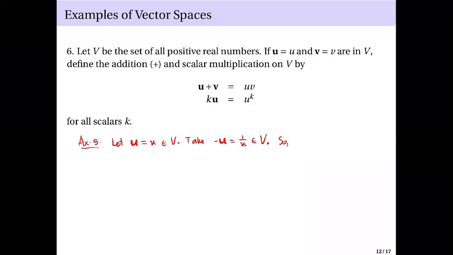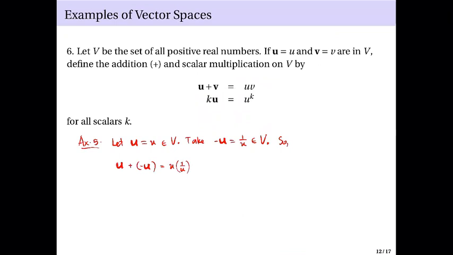So what do we want to show? If we add these two, u and negative u, we must get the 0 vector. But look, boldface u plus negative boldface u, according to the definition, is just u times 1 over u.